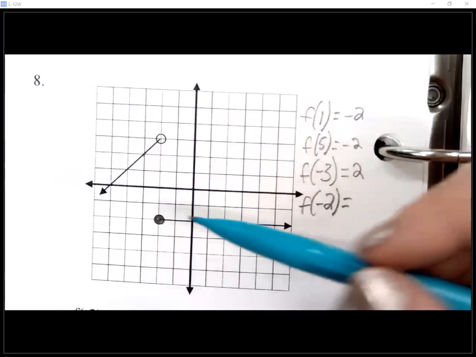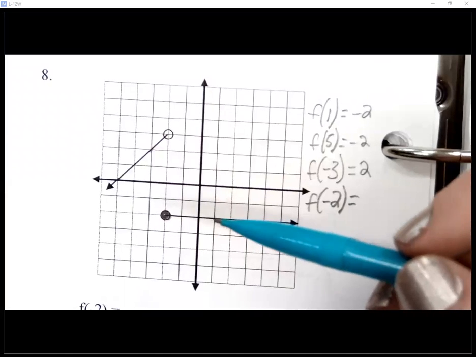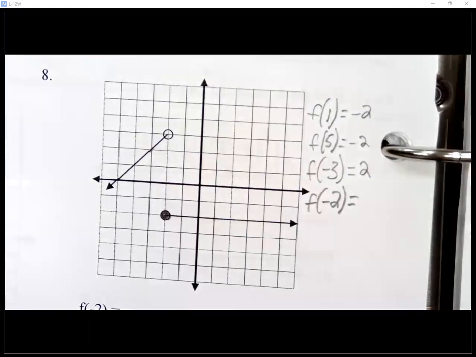Hypothetically, if there were two open ones, it wouldn't be a function? Well, it could be a function, but they both wouldn't be open. You just wouldn't have a value at that point. I'll show you another example where it just doesn't exist there. But if you had two closed circles, that's a big problem because that's not a function anymore. Is everybody listening?